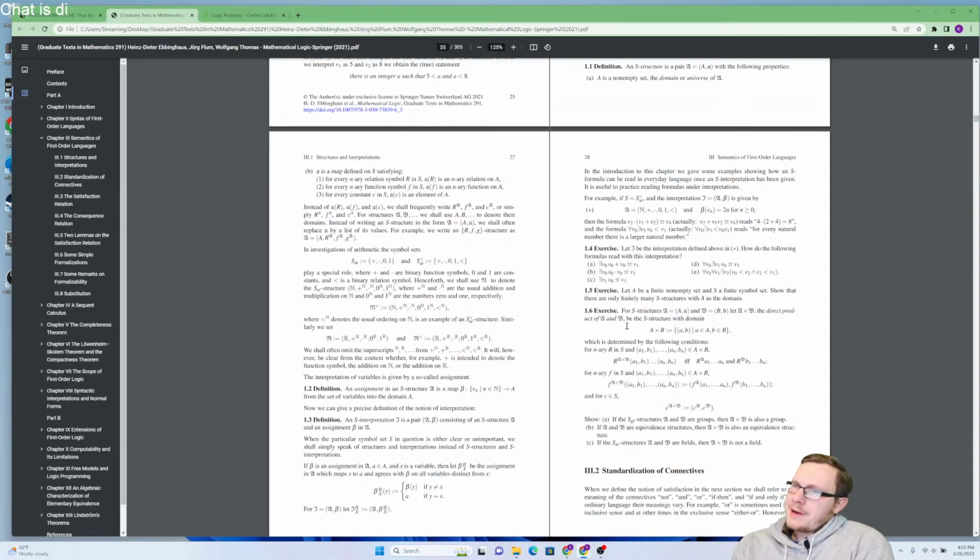Am I misreading this? Because you could say that the interpretation acts as a map itself. I'm missing something here.